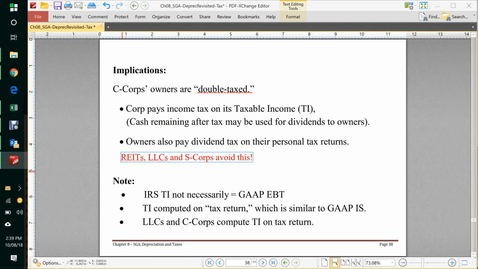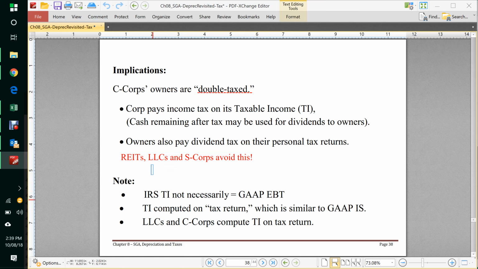So that's why, unless you want to be like tomorrow's Google or Bechtel or Simon, well, not even Simon Property because they're a big firm that can't qualify as a REIT, and you want to have publicly traded shares, it's best to try and form yourself up as an LLC, an S Corp, or a REIT.